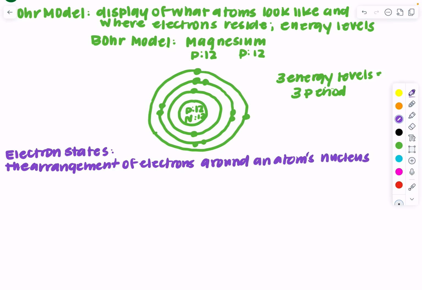In each of these energy levels, electrons are not in fixed positions, but in free-flowing areas where they're orbiting the nucleus. Now these states, why we're calling them states, is because they occur at a particular time.